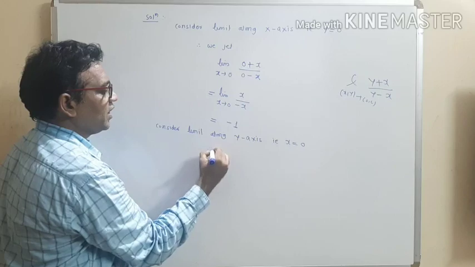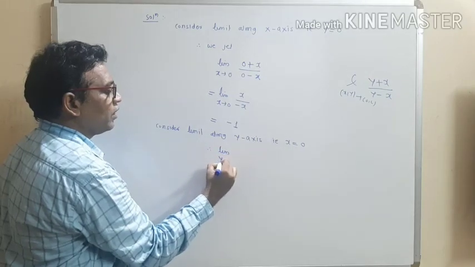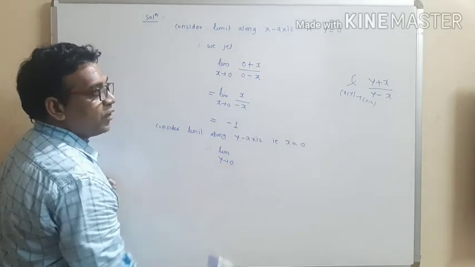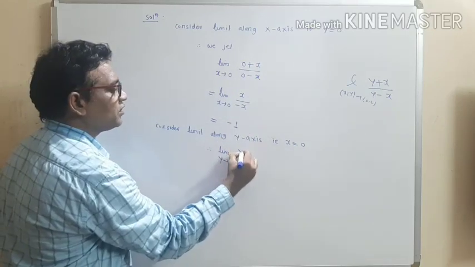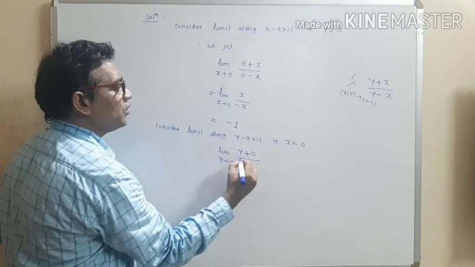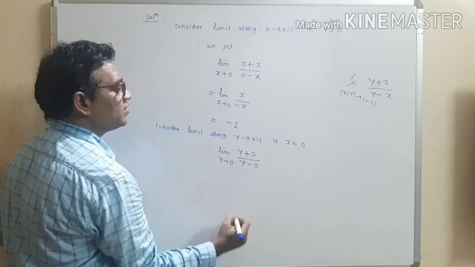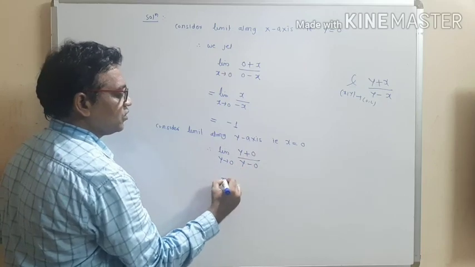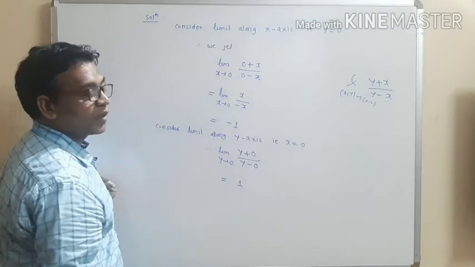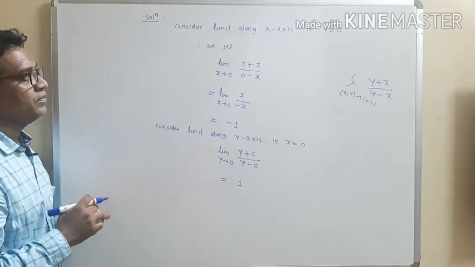That means we get limit y tends to 0. Now put x equal to 0 in the given function. So this is (y plus 0) divided by (y minus 0). So y gets cancelled. So this is equal to 1. So what is our observation?